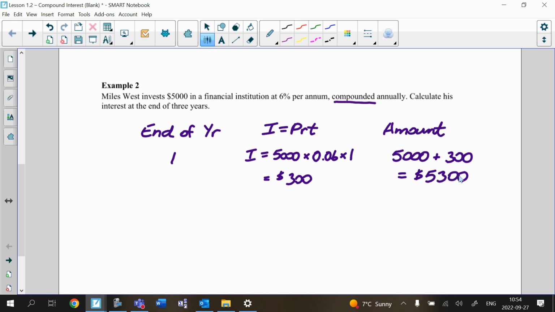So at the end of the second year, we're not going to calculate interest on the 5,000. He actually has 5,300 now. So we're going to calculate interest on the 5,300 times the interest rate times 1 year. And that will give us $318.